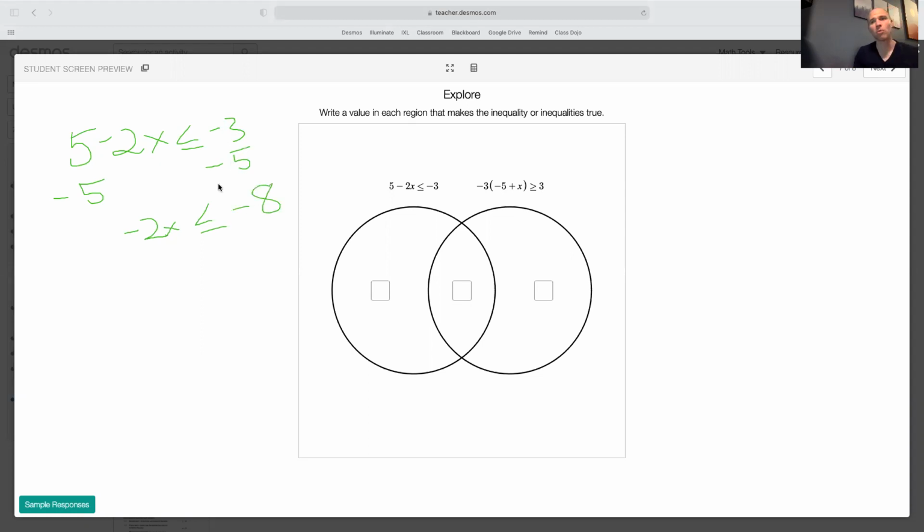I'm going to wind up dividing both sides of this by -2, and that's going to make my inequality sign go whoop. So I get x is greater than or equal to 4. Okay, so I'll just keep that in mind. I'm going to solve the other one while keeping in mind that in that first one, x has to be greater than or equal to 4.